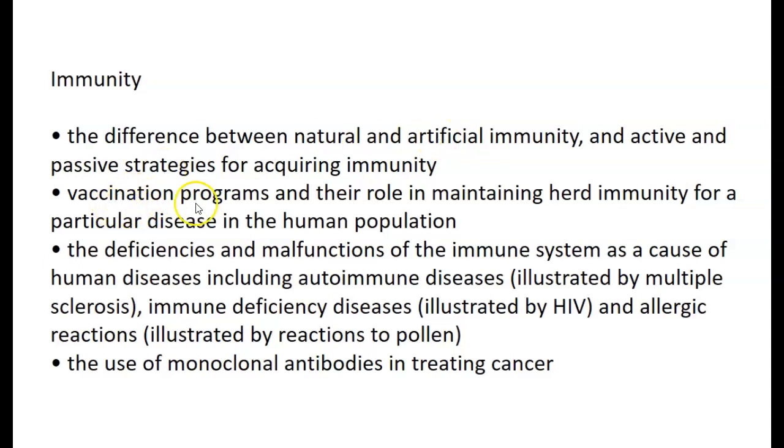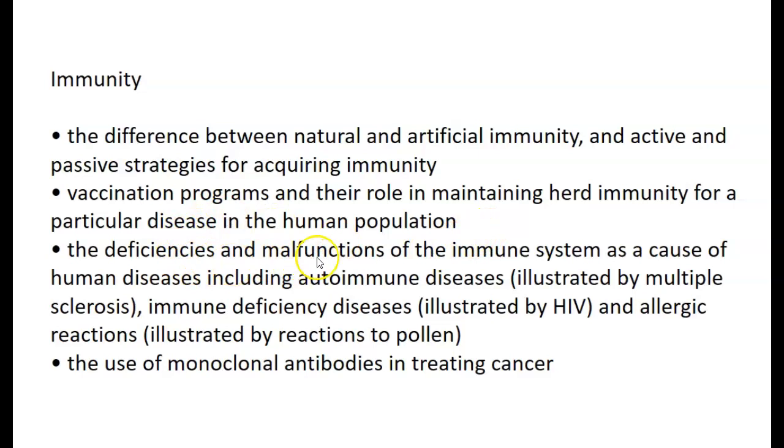Vaccinations, how they work, what a vaccination program means, and how herd immunity can be obtained in a population and why that is a benefit. We're seeing that in real life, of course, at the moment with the big call out to be vaccinated against COVID-19 and looking at achieving a form of herd immunity in our population.